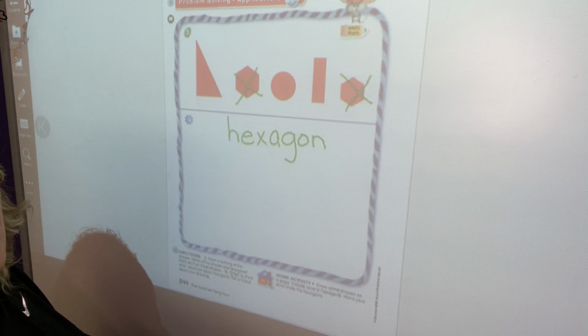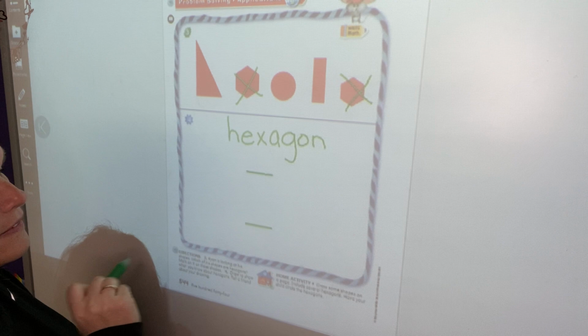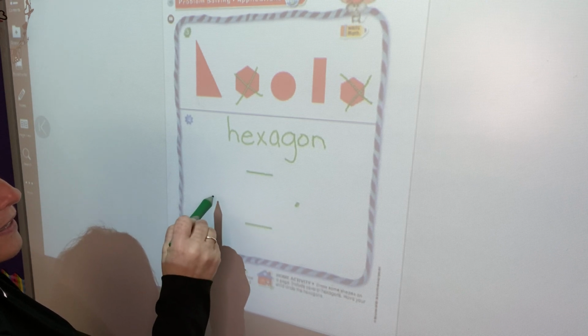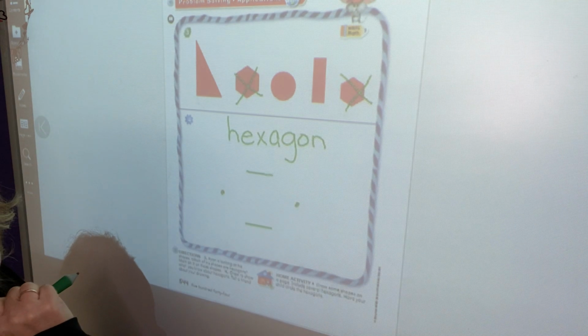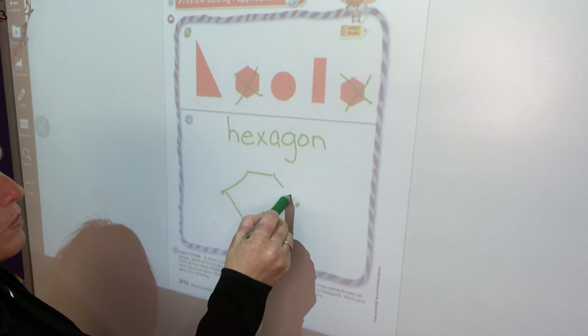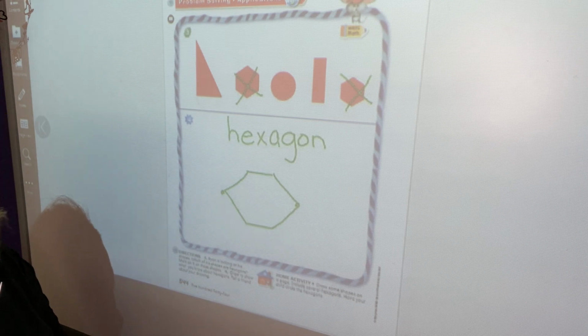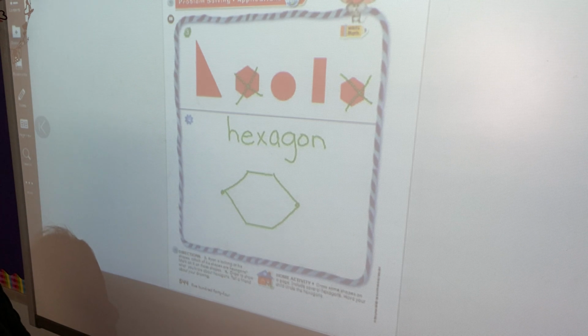And we are going to draw one. A line and a line, a dot and a dot, and now connect them. 1, 2, 1, 2. And there you've created a hexagon. It might not be easy, but I bet the more you practice, the better you're going to get at it.